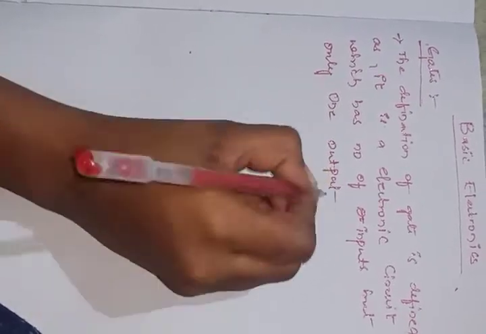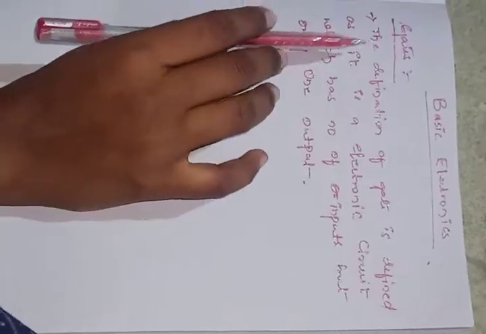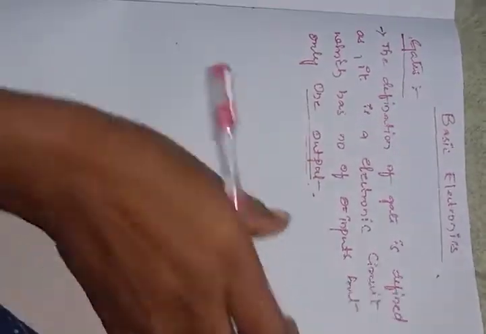Okay, is this clear? The gate is an electronic circuit which has more number of inputs and only one output.